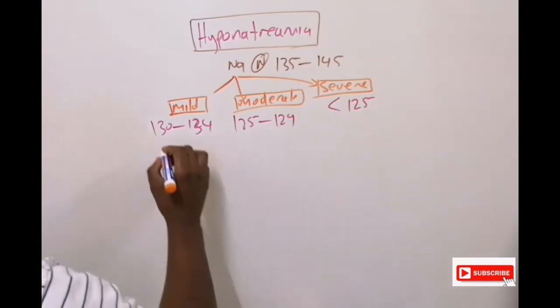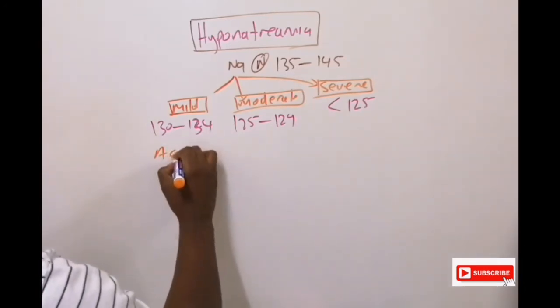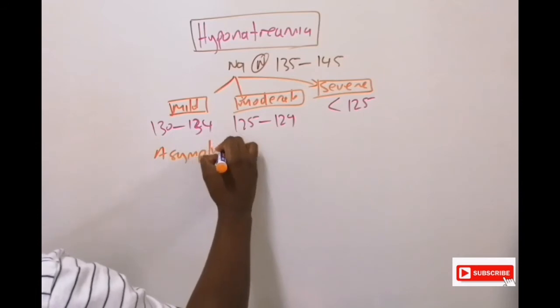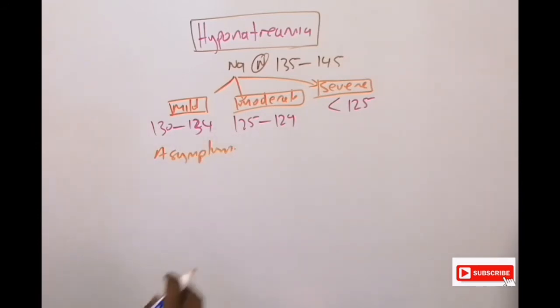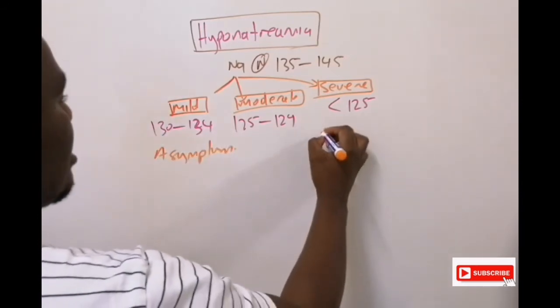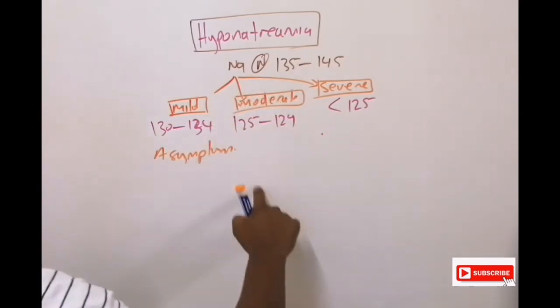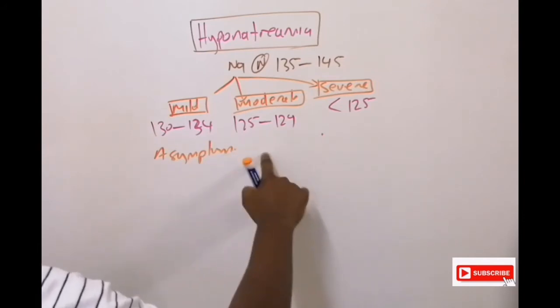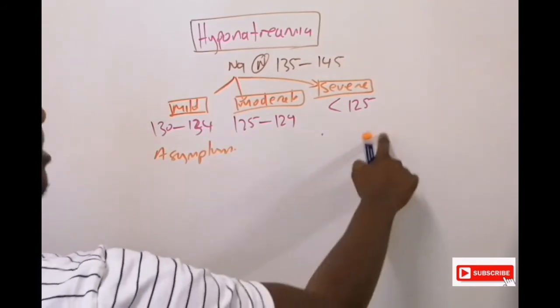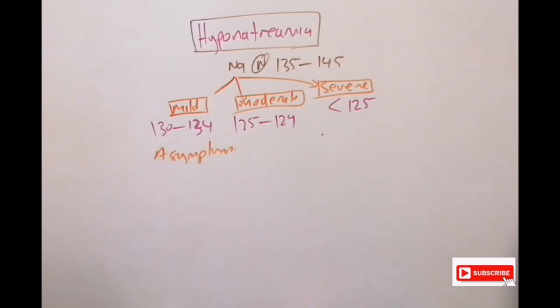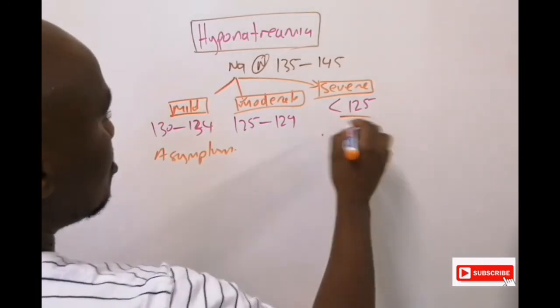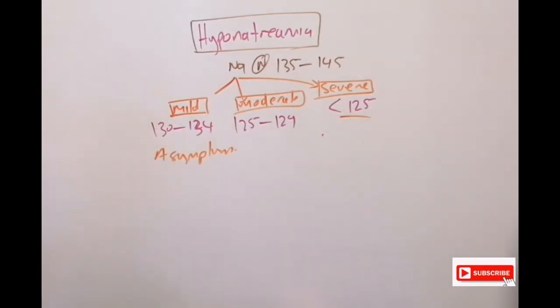So mild shouldn't give you symptoms, it's usually asymptomatic, or you might have just mild symptoms. The symptoms that the patient is going to have will vary from patient to patient, and also depend on how severe is severe.